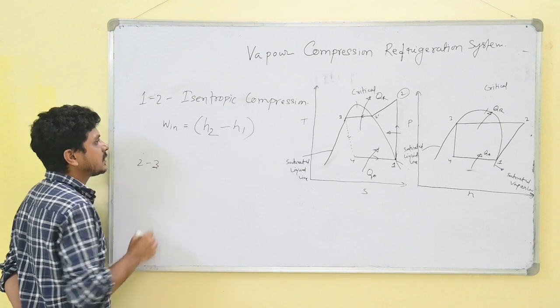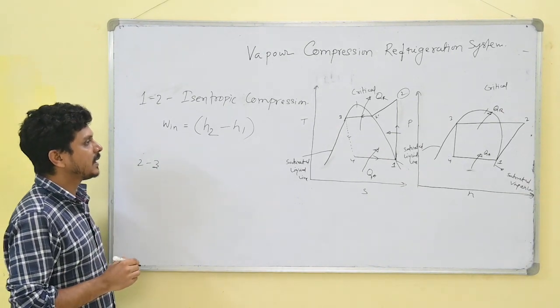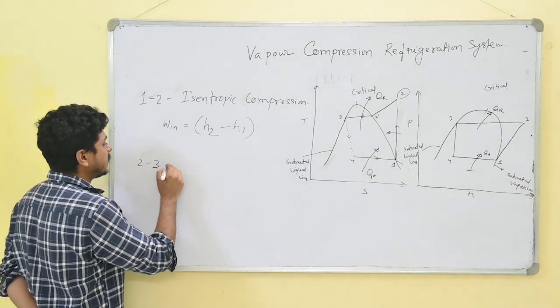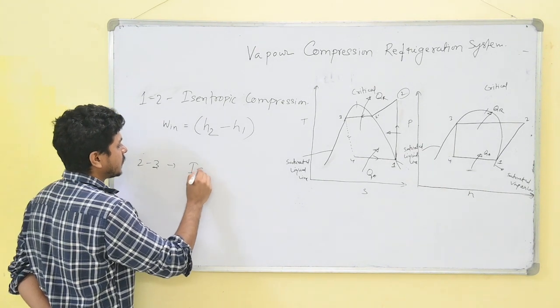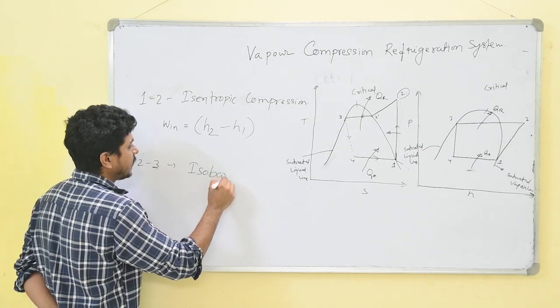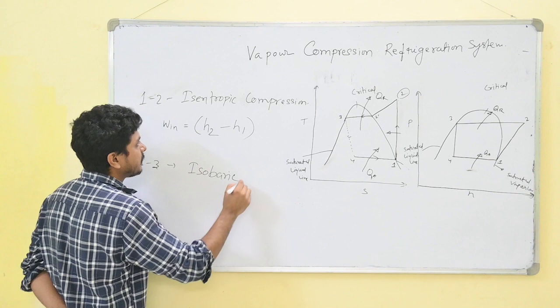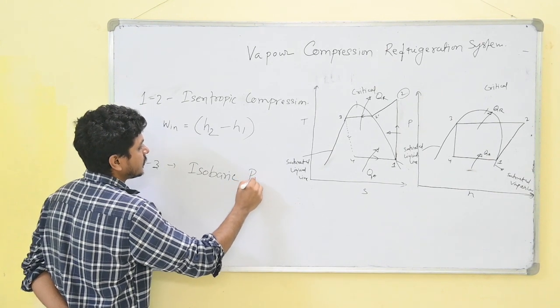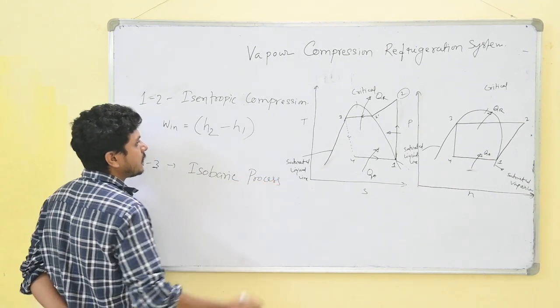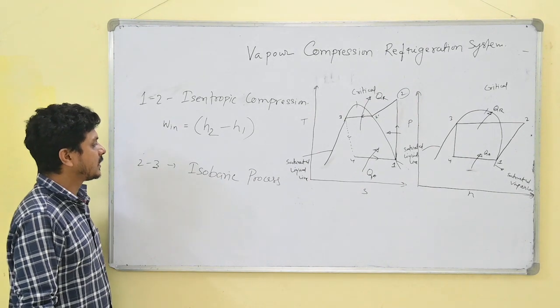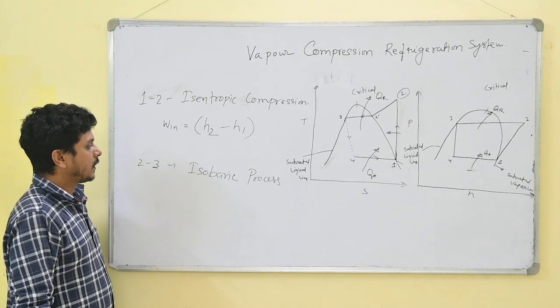The process takes place in the condenser, and it is an isobaric process. Isobaric means the pressure is constant, and the whole process takes place in the condenser.